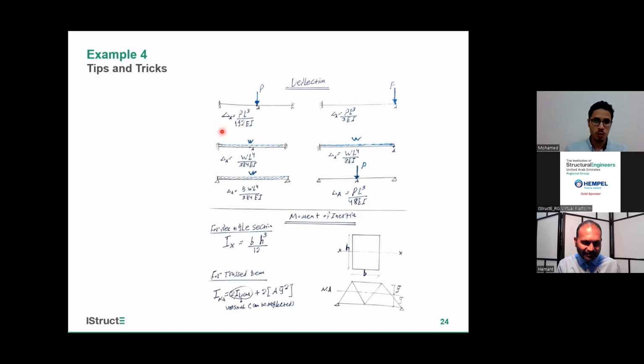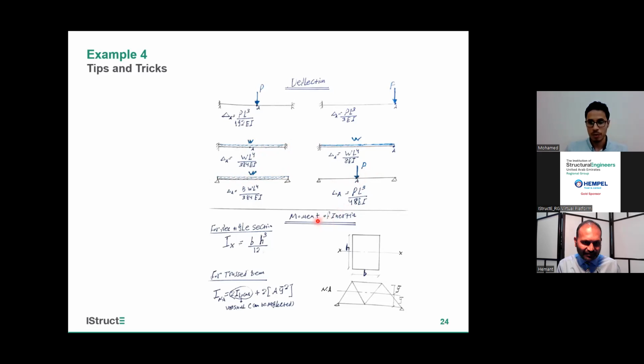But it's also important to remember the different shapes and deflections for the most common beams we see. For example, this is a cantilever beam. Here we have a fixed beam with a load in the middle. Here we have a distributed load, here a distributed load on a fixed beam, and this is a simple beam with a load.